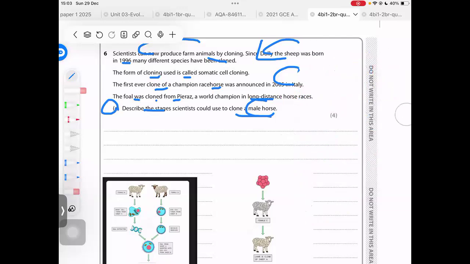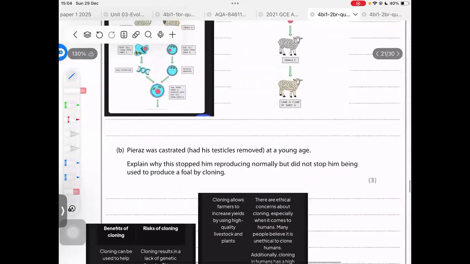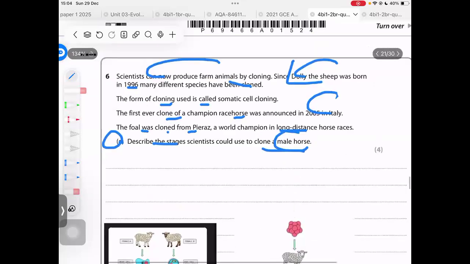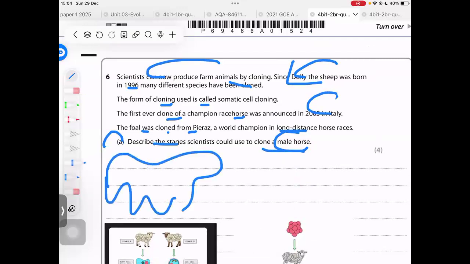Yes, miss. Okay, so basically, in the adult cell cloning process, let's say there is a horse. From a horse, you are taking an egg cell, not a sperm cell.